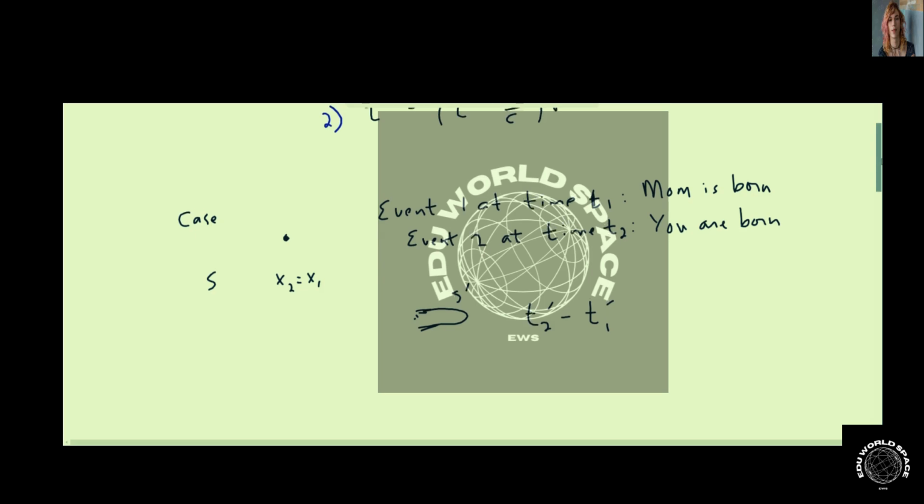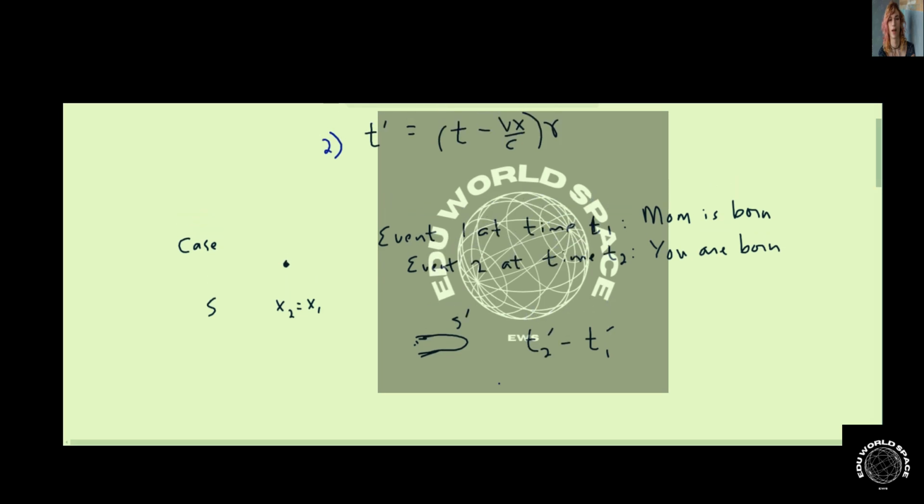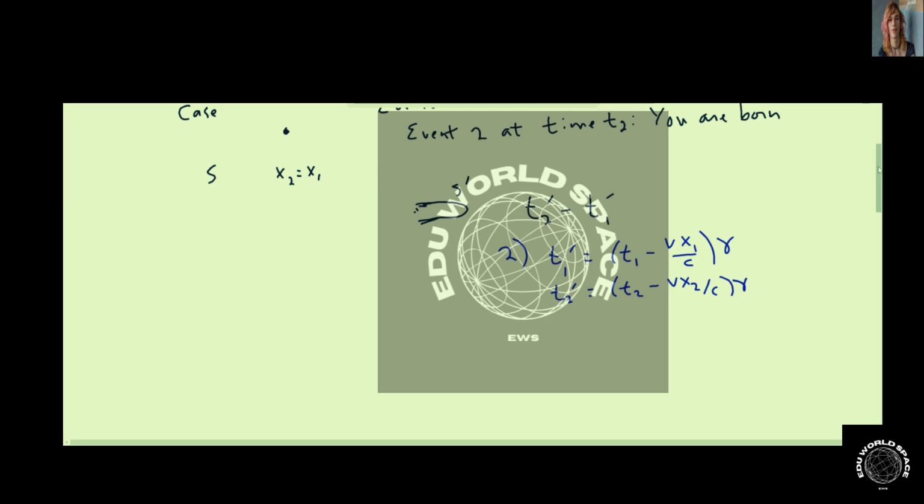This is fairly easy to put in for equation 2. Basically, the positions x are the same, so we could write all that down, and t2 prime in terms of t2, and take the difference.